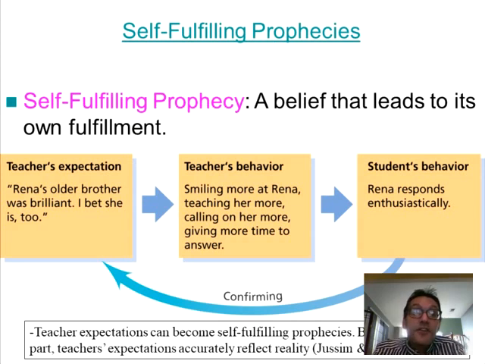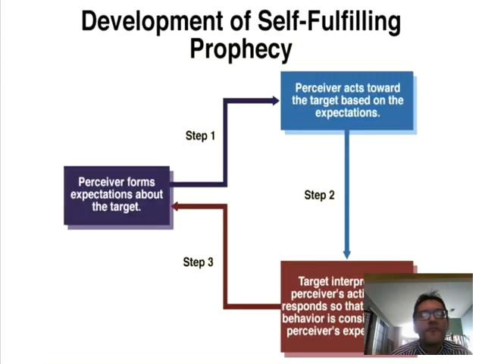And so that's fundamentally how self-fulfilling prophecies work. The expectation changes the behavior, which comes back and confirms the expectation. It's an interesting thing, but we'll also return to this in the clinical component when we talk about diagnoses and how they are often self-fulfilling prophecies.